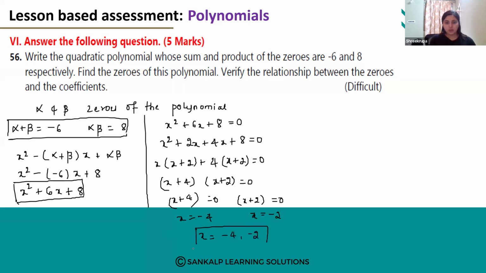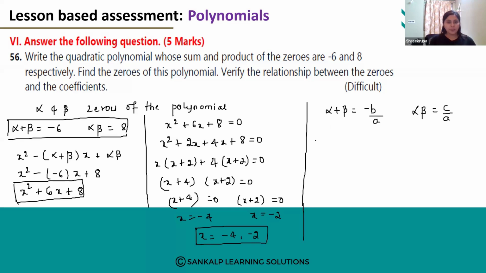The relationships between the coefficients and the zeros are alpha plus beta is equal to -b by a and alpha beta equals c by a. That is, the sum of the zeros will be equal to -b by a and the product of the zeros will be equal to c by a.